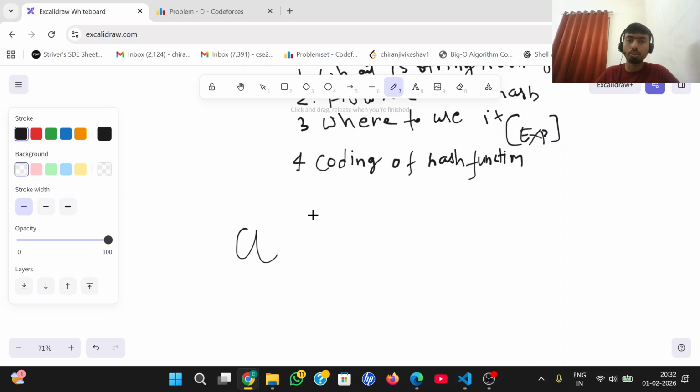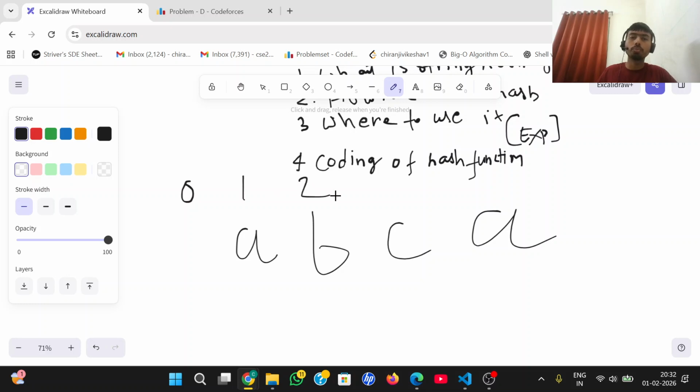small length, like 4, not much large: A B C A. Okay, so we have a string of length 4. What we do first is index this string. So I put 0 here, then 1, 2, 3, 4.